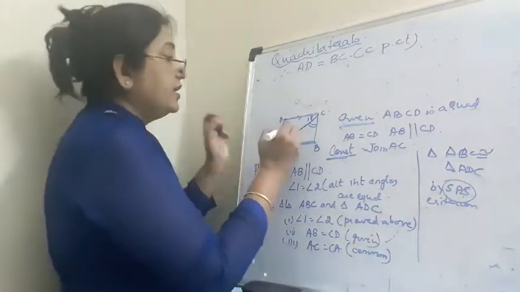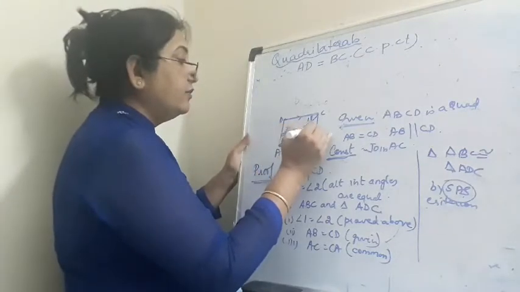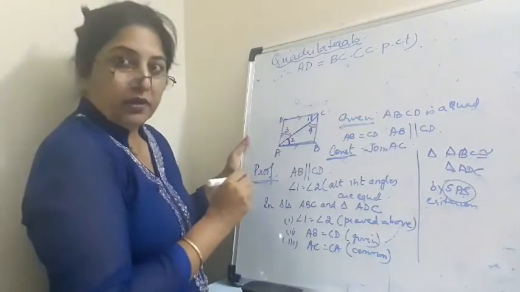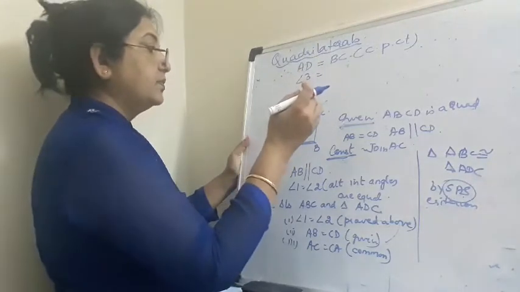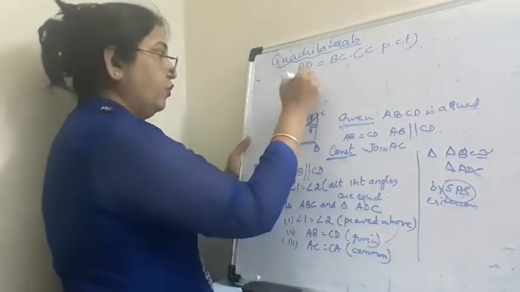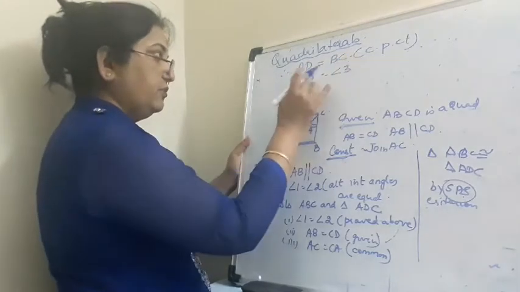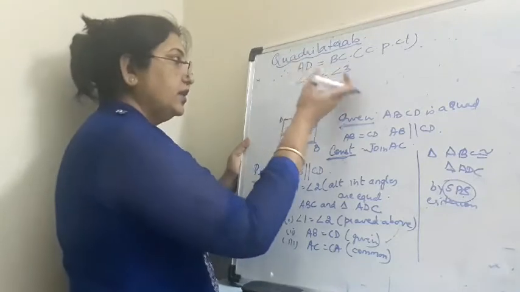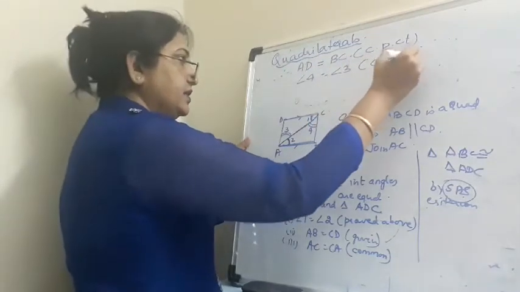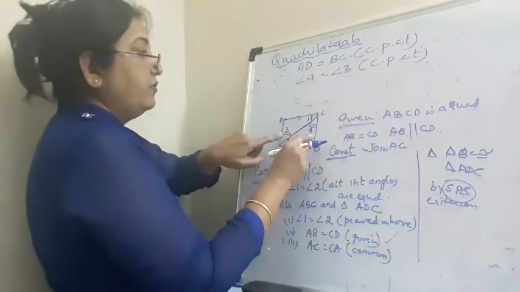Let us number them again, 3 and 4. So we can now write angle 3 is equal to angle 4, because I am first considering this triangle and then this triangle. Again CPCT.